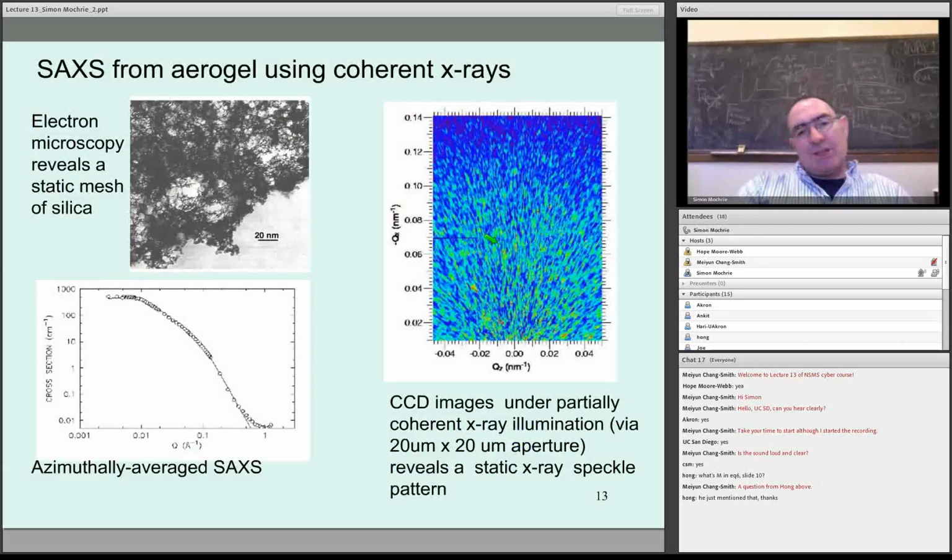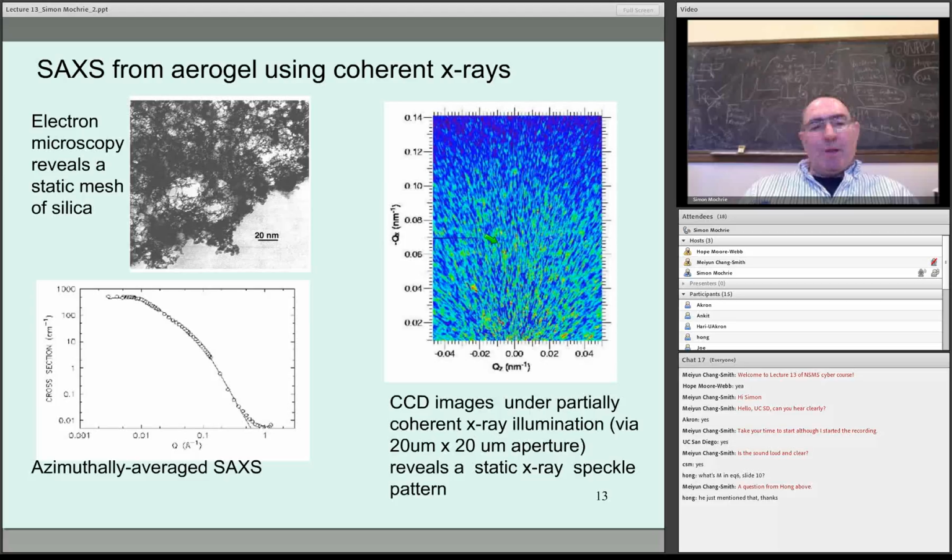So just to give you a better picture of what these experiments rely on, I wanted to show you this picture of the scattering from an aerogel sample using the coherent X-rays that we make at 8ID, for example. 8ID is the beamline that we use at the APS.